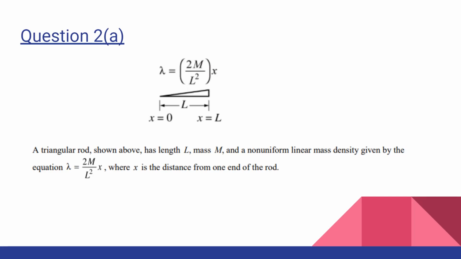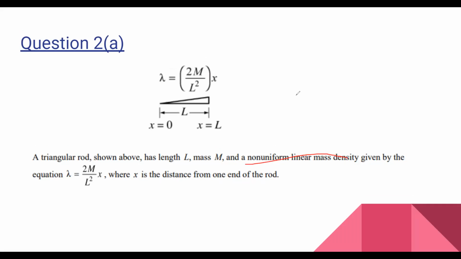A triangular rod has length L, mass M, and a non-uniform linear mass density given by the equation lambda, the Greek letter for L, is equal to 2M over L squared times x, where x is the distance from one end of the rod to your defined point. Here you can immediately see some foreshadowing, a warning that you have to use calculus, since we say that there's a non-uniform mass density.